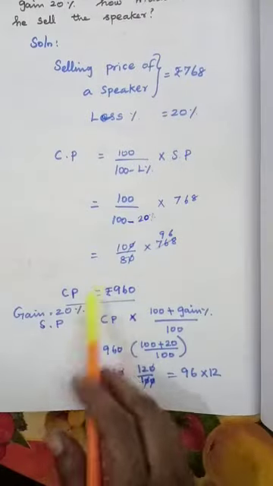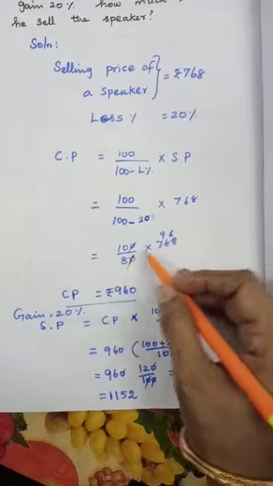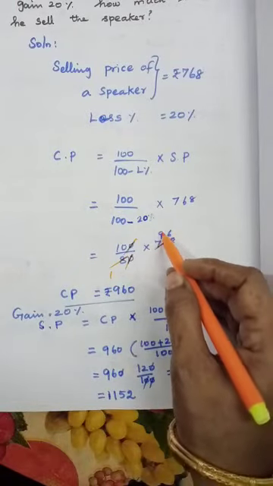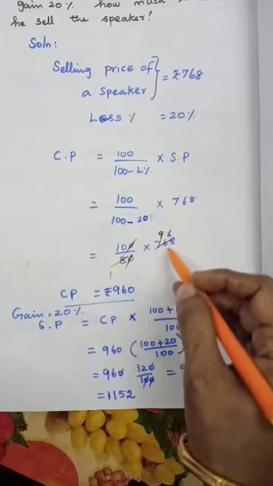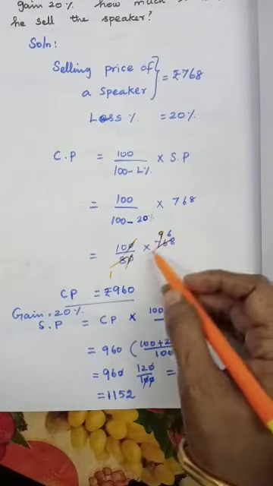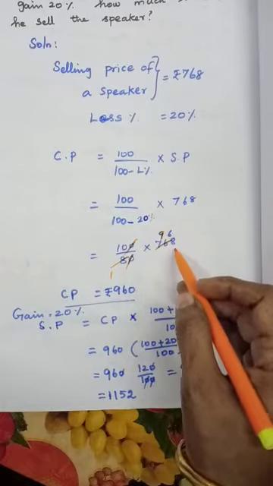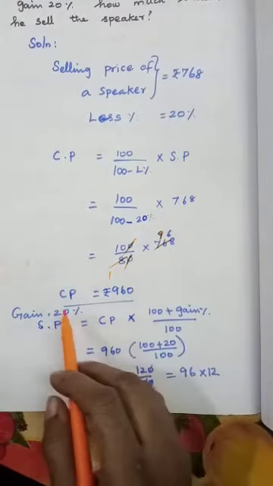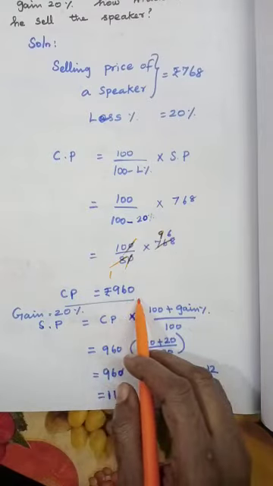Now you cancel 80 and 768. 0, 0. Then 8 1 times. Here 9 8s are 72, remainder 4. So 4 8s are 48. 8 1s are 8. Here 6 8s are 48. So 96 into 10, CP is equal to rupees 960.